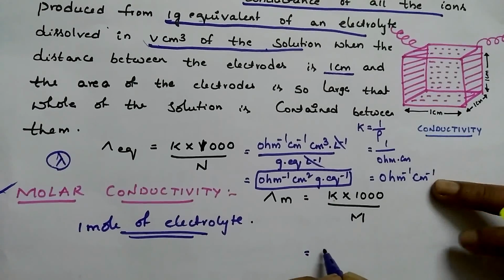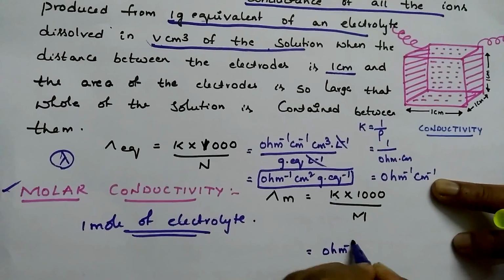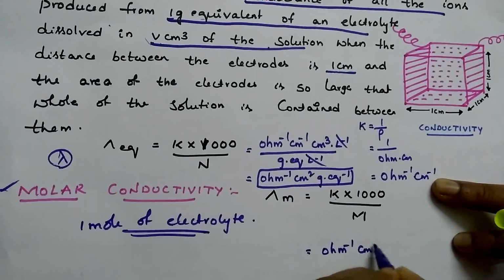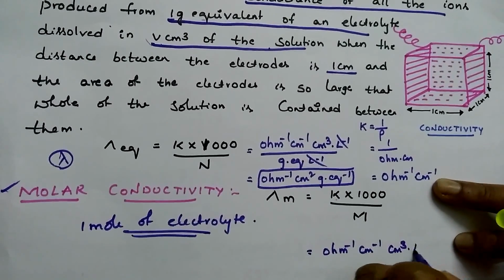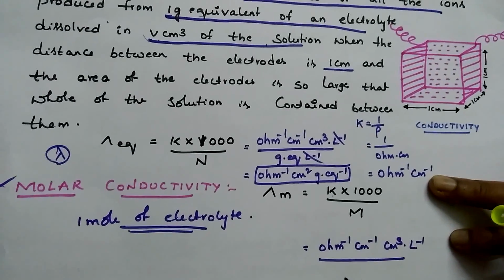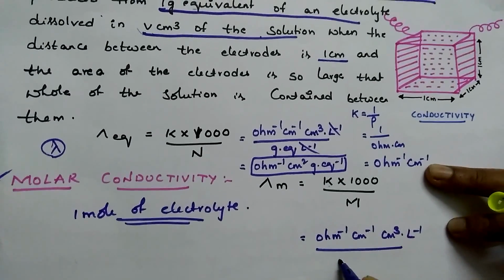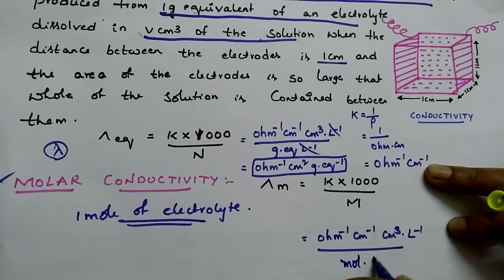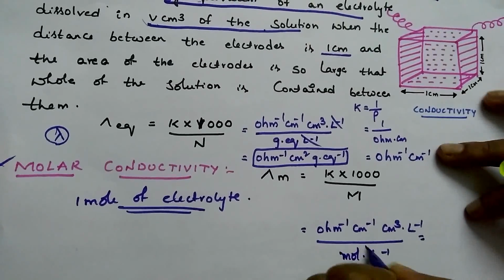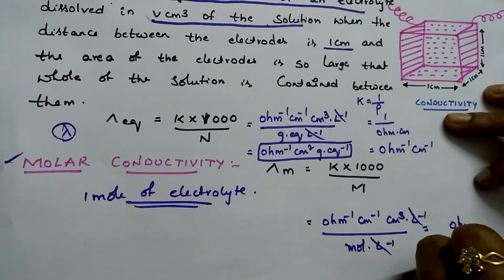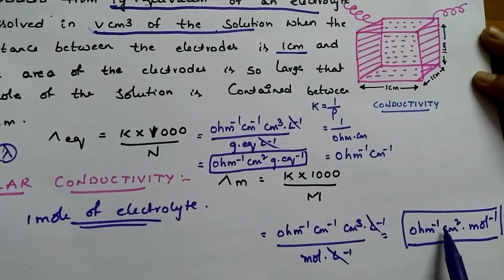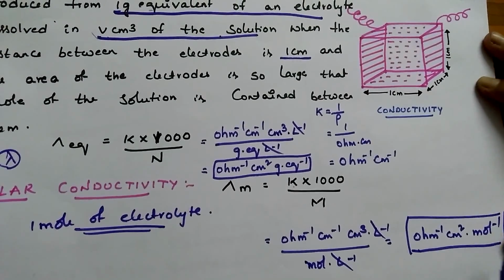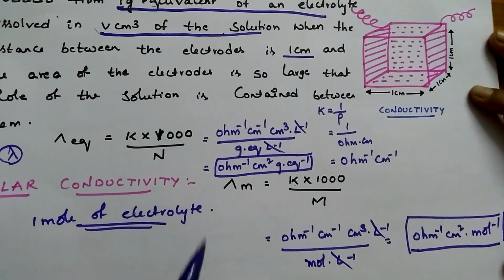K units we already found, that is ohm inverse centimeter inverse. This is the volume centimeter cube per liter divided by molarity, mole per liter. So the units are ohm inverse centimeter square mole inverse, which is the unit of molar conductivity.